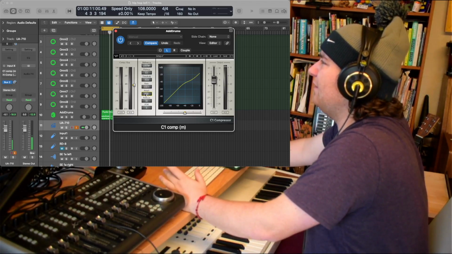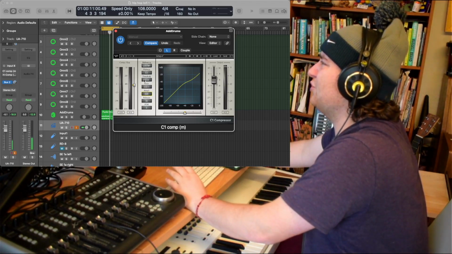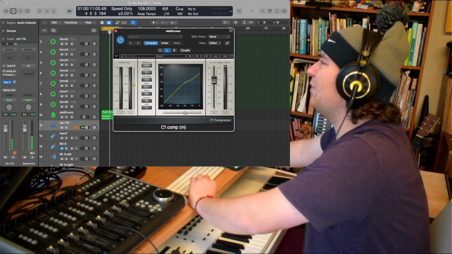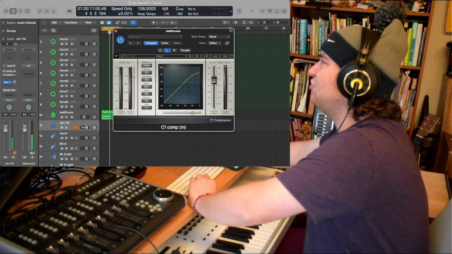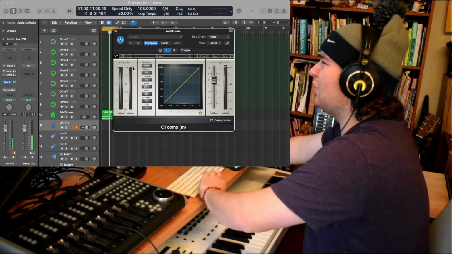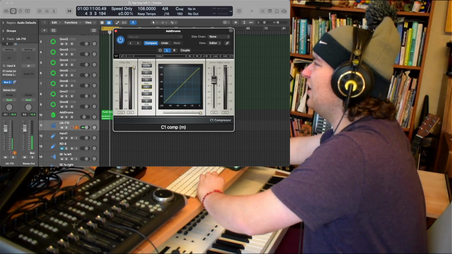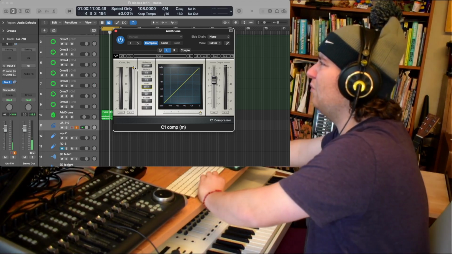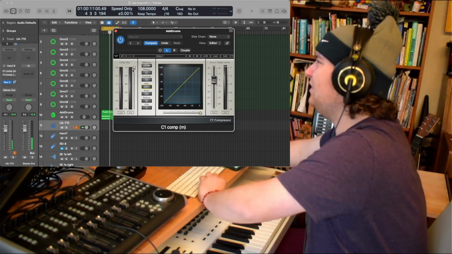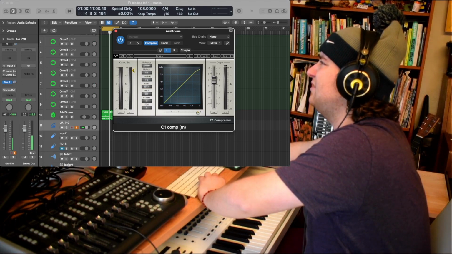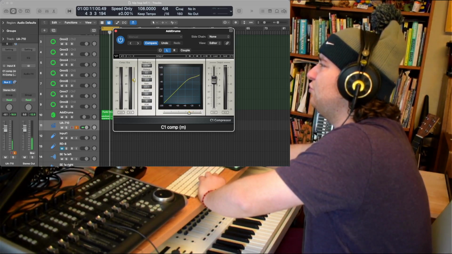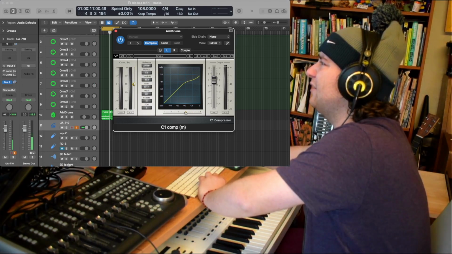But really what I'm focused on is the threshold and the ratio. So I'm going to play this track again and show you what it sounds like to go from, let's have a normal ratio, a 3 to 1 ratio, say. So we're squashing it 3 times down from the original volume. And I'm going to go ahead and move this threshold down, so we're going to go from 0 to negative 40 dB.